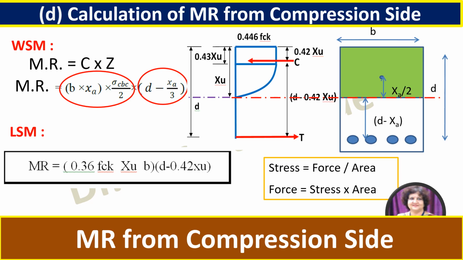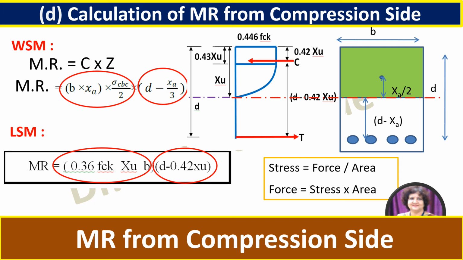Which area is resisting compression? It is B into XU. So B into XU is the area, and this is the stress. Stress into area is nothing but force C, and Z is the distance between C and T, which is D minus 0.42 XU.